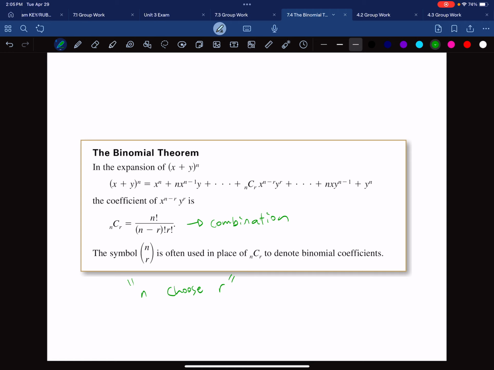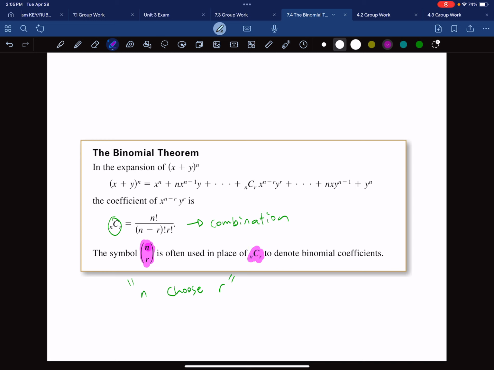And it's just the number of ways you can choose a group of r objects out of an overall group of n objects. Couple different notations. You'll see that nCr notation, and then you'll also often see this notation, this vertical n and r in a set of parentheses that's also known as n choose r, okay?